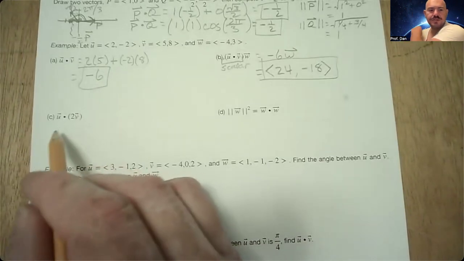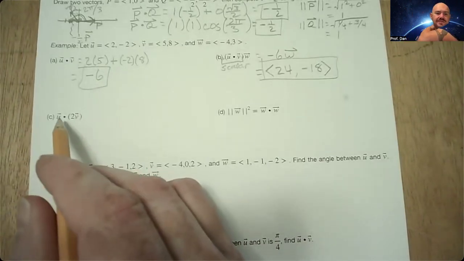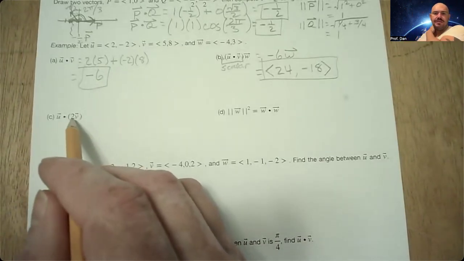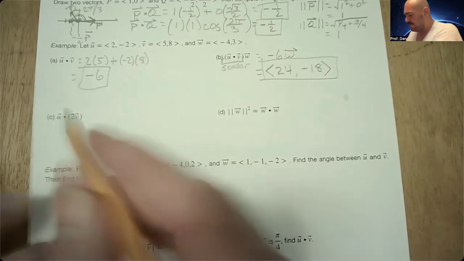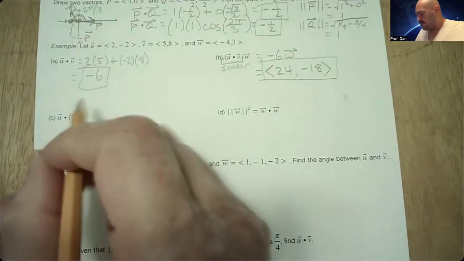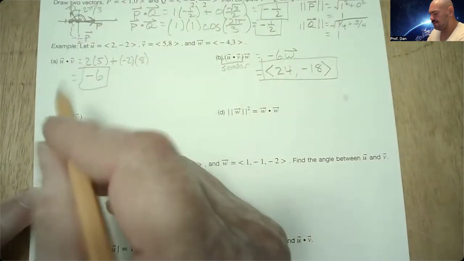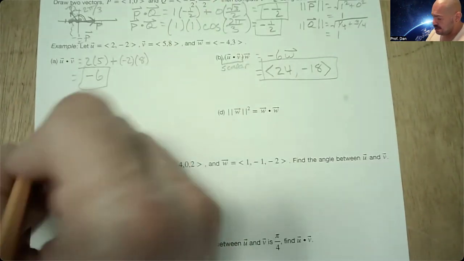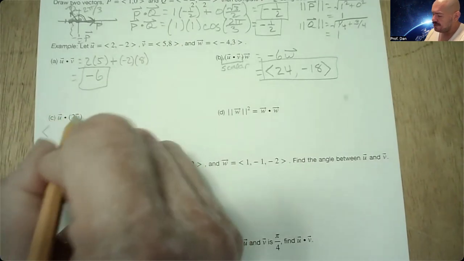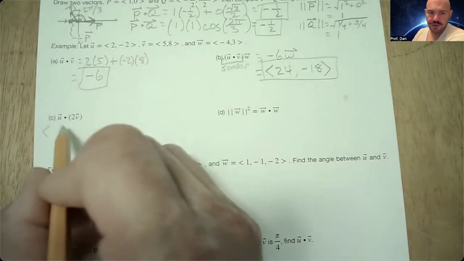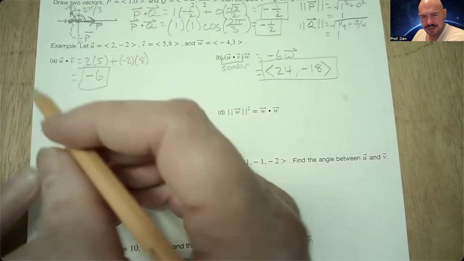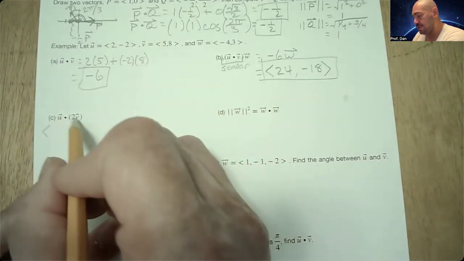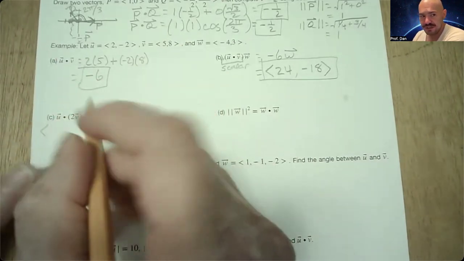For the next one, we're taking the dot product of u and the vector 2 times v. So a couple approaches here. Actually, I'm just going to show you the one. Whenever I have to do an operation on a vector before taking a dot product, I find it helpful to write out the component forms for each of these guys.